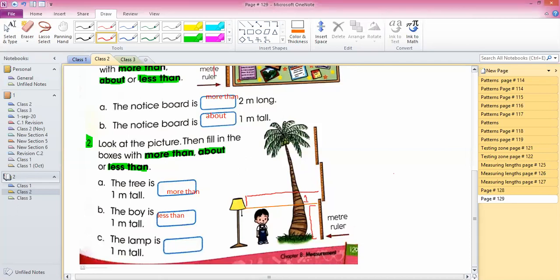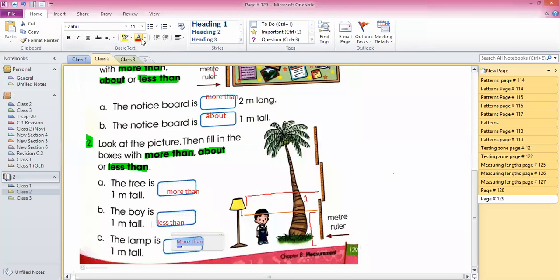It is not less than. It is not about. So you will write, sir, it is more than 1 meter tall.